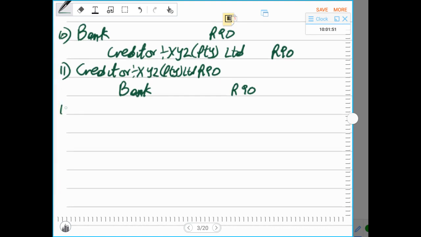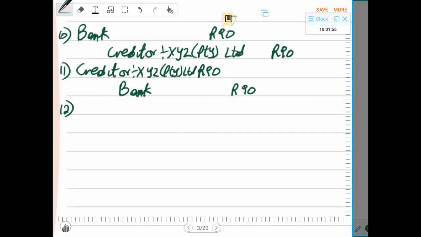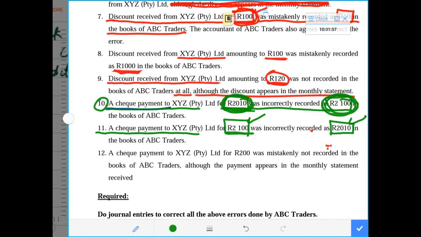Let's go to the last entry, number 12. Now the last entry, which is entry number 12, says that a check payment to XYZ Pty Ltd for 200 was mistakenly not recorded in the books of ABC traders, although the payment appears on the monthly statement received.